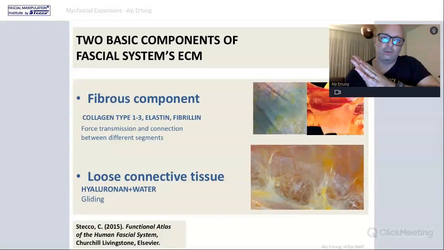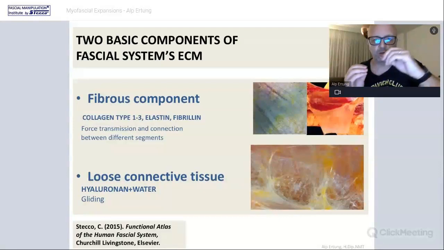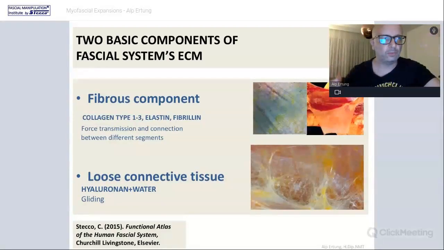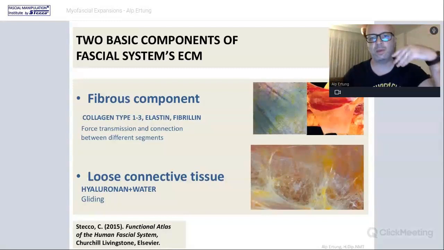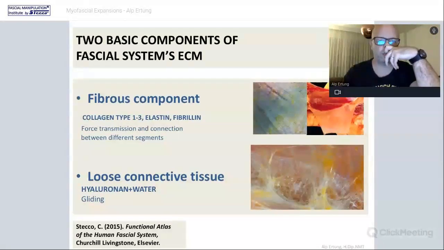So we need optimal gliding in micro and macro ways to have optimal movement ability and a pain-free life and everything. So remembering this information is good for us to understand what is affecting what.